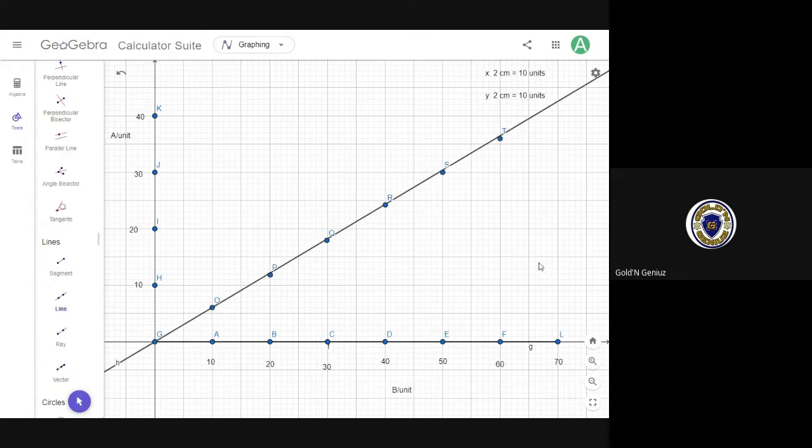Now, how would we get this on our graph paper? We use a dot and a circle around the dot to represent all these points, right?